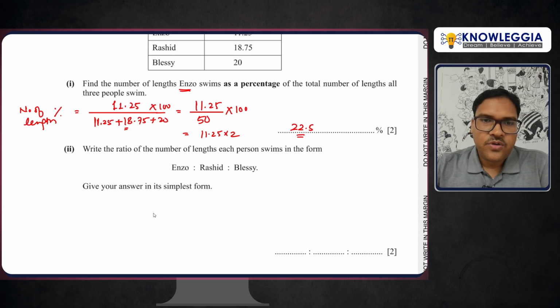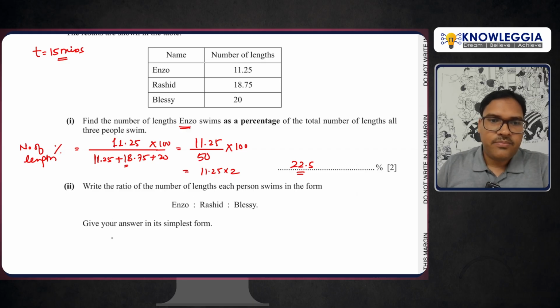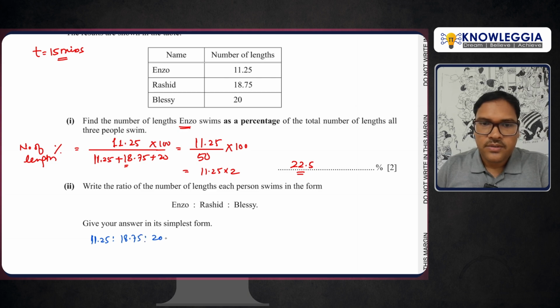Now write the ratio of the number of lengths each person swims in the form of Enzo is to Rashid is to Blasi, and give your answer in the simplest form. So what you can do is write the ratio of the number of lengths. So this is basically 11.25 is to 18.75 is to 20, right?